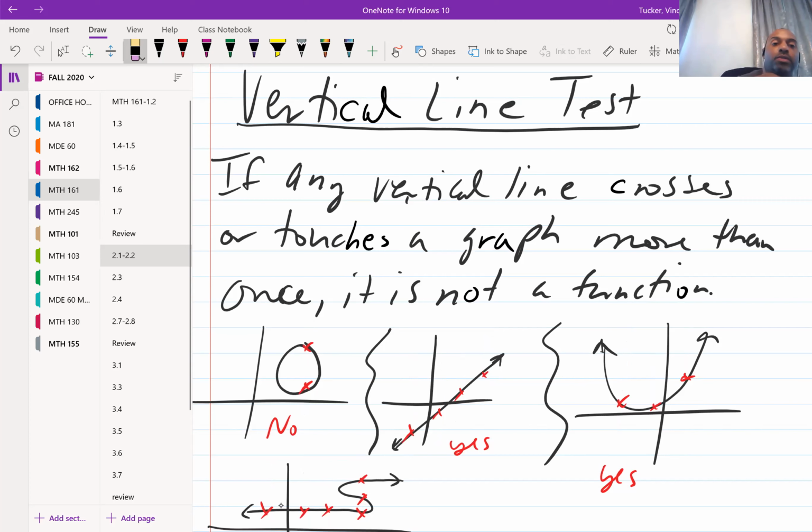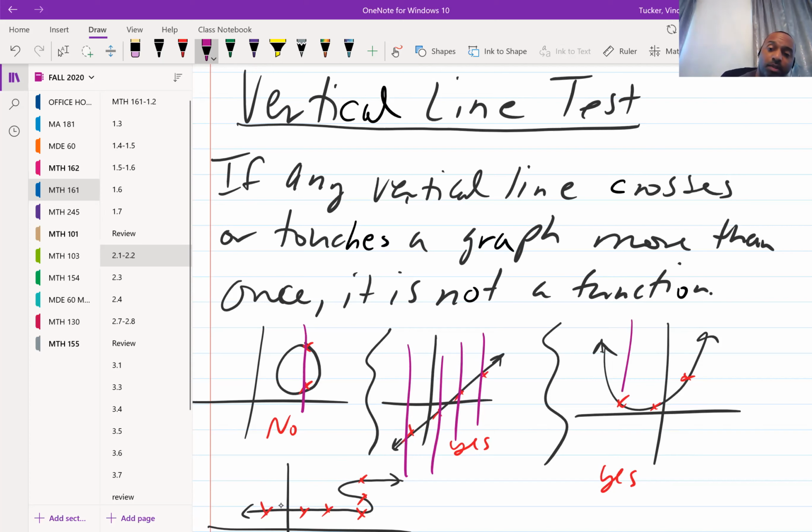If I have a circle and I draw a vertical line through it, it's going to touch it twice. So that means it's not a function. If I have a linear equation, just a straight line, no matter where I draw my line, it's only going to touch it once. So that means it is a function.